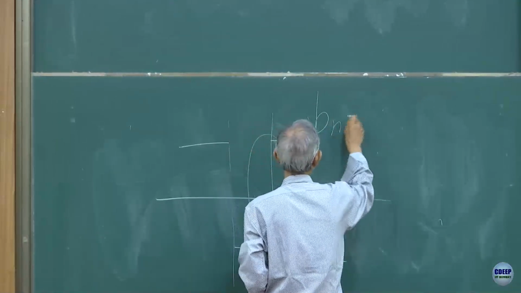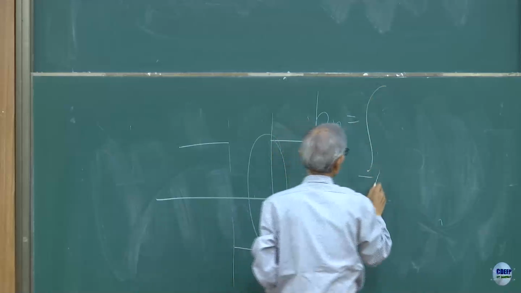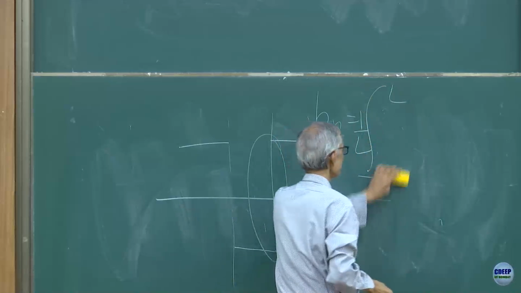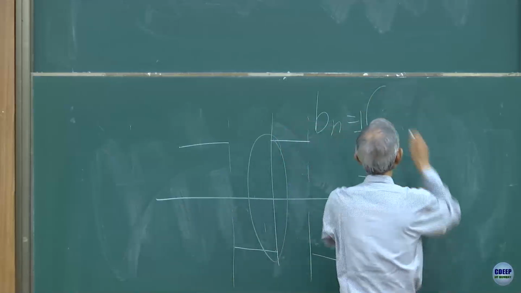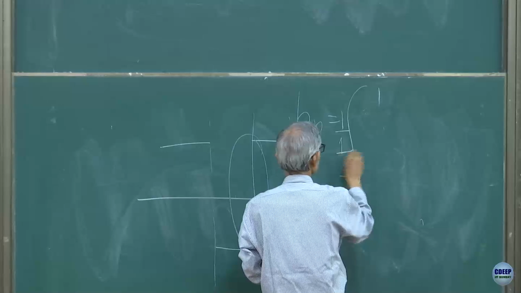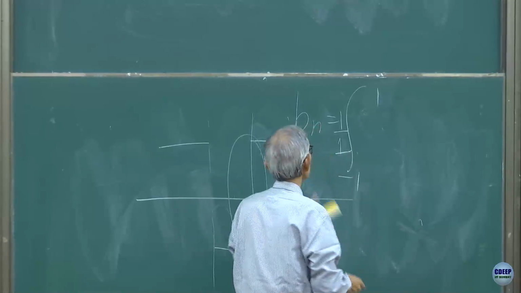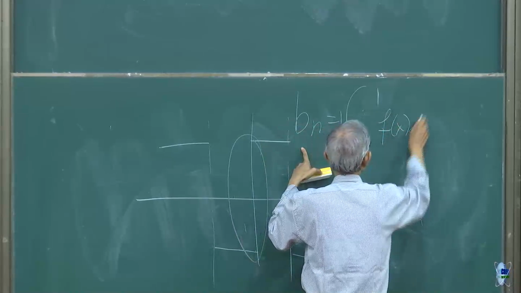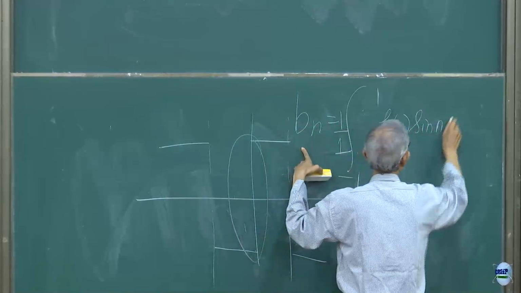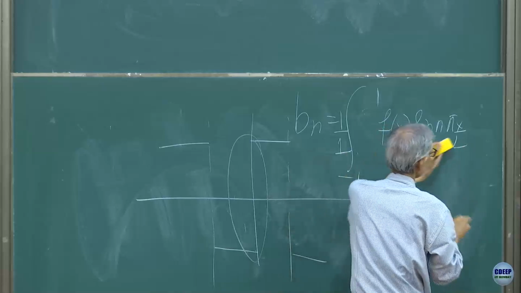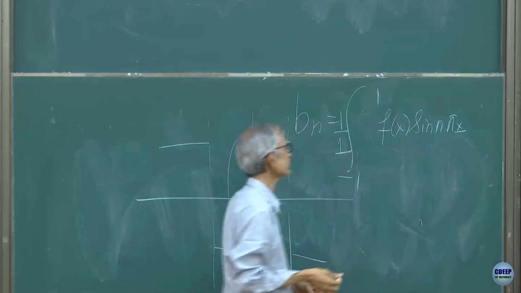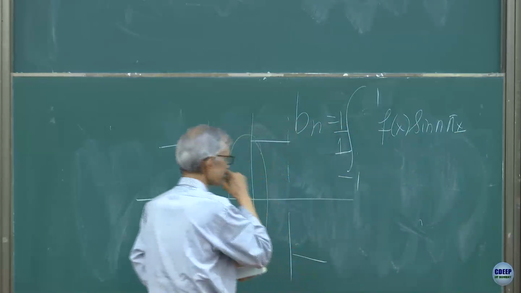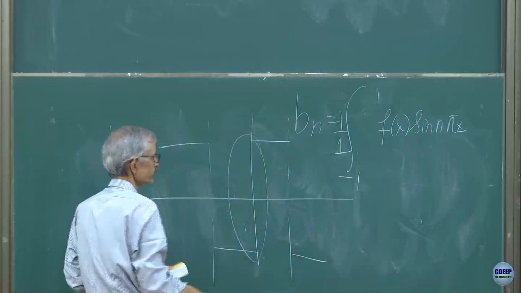Okay. Similarly, you can now get the bn for this guy here. bn is from minus L to L, 1 by L. L happens to be 1 here, so this guy is 1, this guy is 1, and I'm going to say now that I have got an f of x sine of n pi x by L. L is equal to 1, and now when I have got minus 1 to plus 1, there is a discontinuity in between.